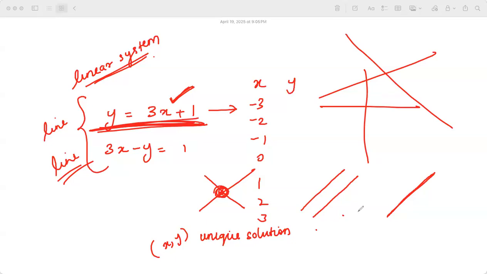Solution means intersecting point. Parallel lines, are they going to have a solution? No, that's going to have no solution. If they overlap, what will happen? Infinite solutions. Make sense? Yeah.